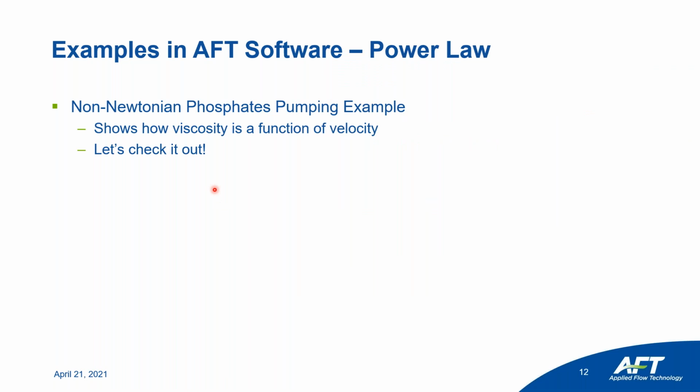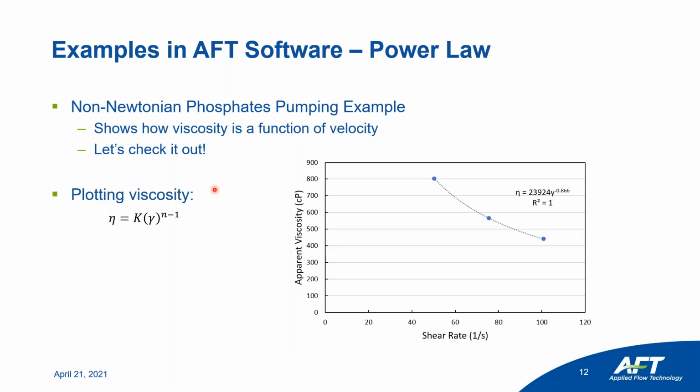So we saw how that viscosity changed with our velocity, and we can actually go ahead and plot those values and see how they fit our power law equation, saying that eta, our apparent viscosity, is equal to K multiplied by our shear rate raised to the n-1 power. So when we take our velocities and determine a shear rate value, and then plot apparent viscosity against it, we get these nice 3 data points.